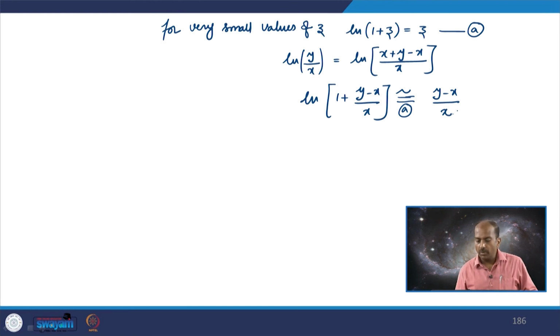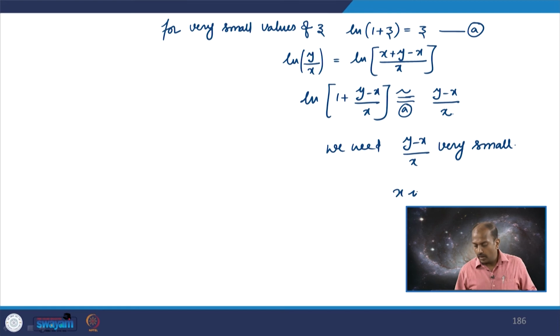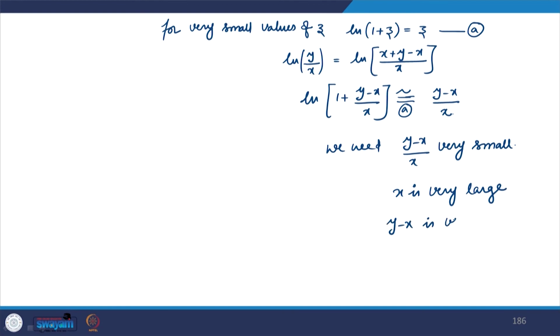Now, for this approximation to work, we need (y minus x) by x to be very small. (y minus x) divided by x becomes very small when x is very large, or when y minus x is itself very small. These two are the cases.